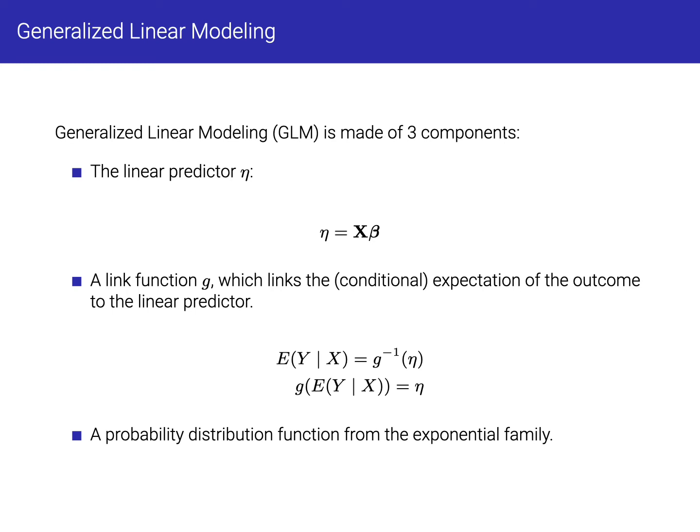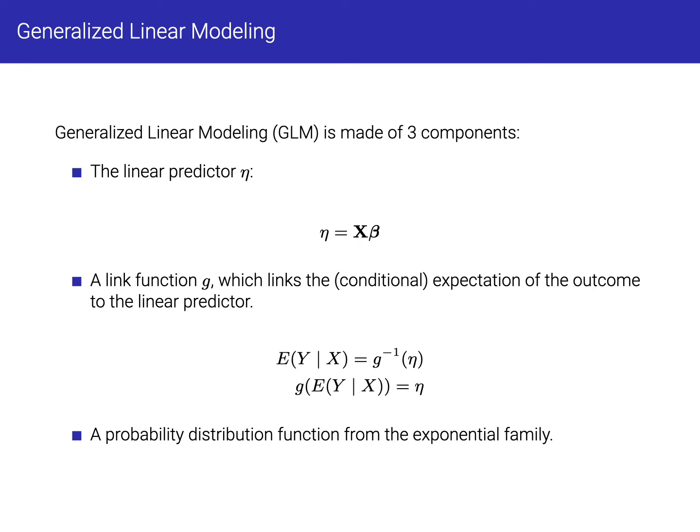So it's beta 0 plus beta 1x1 plus beta 2x2 plus beta 3x3, and so on and so forth, with possibly some interactions, some categorical predictors included as dummy variables, etc. So that's the linear predictor. It's a component that we also find in linear modeling, general linear modeling.